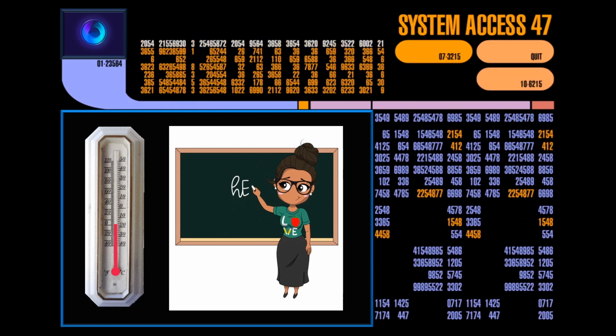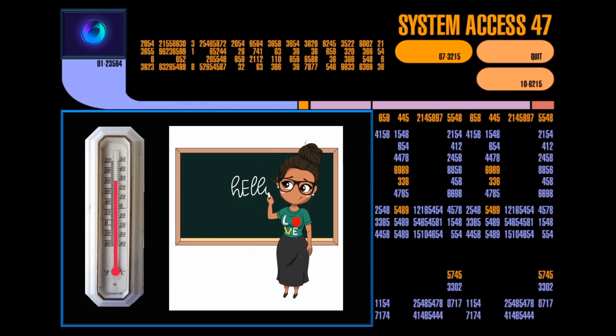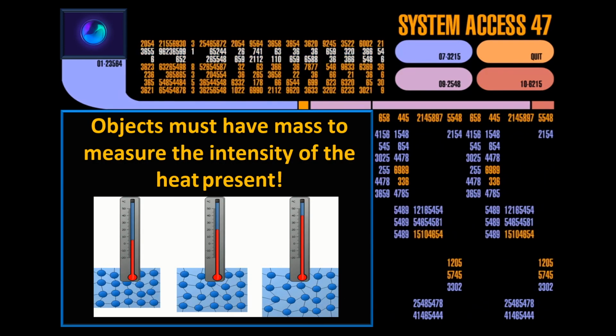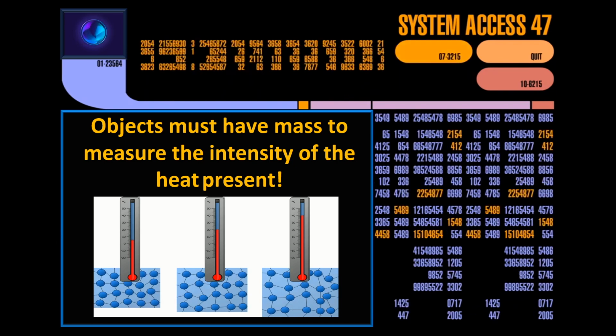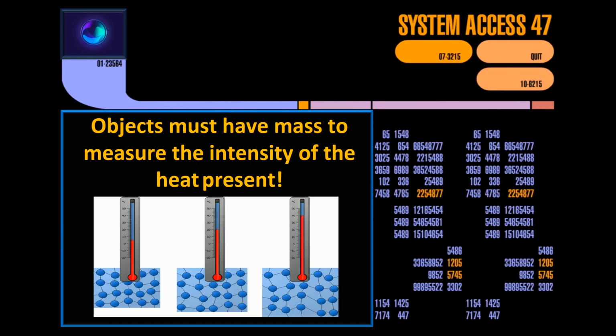Okay. Specialist Barber, I am confused. How can you measure the temperature of an instructional lesson? An object must have mass to measure the degree or intensity of heat present in the object. No, Aurora, it's a play on words. It's a joke. In this case, hot topic refers to a topic of conversation being discussed by a lot of people because of its importance.